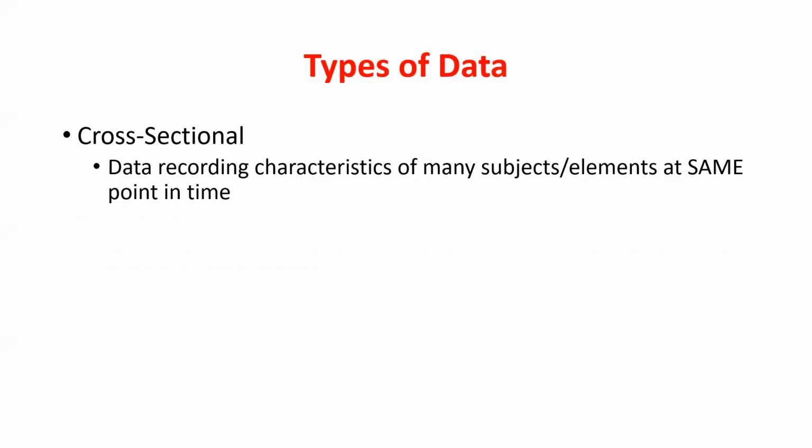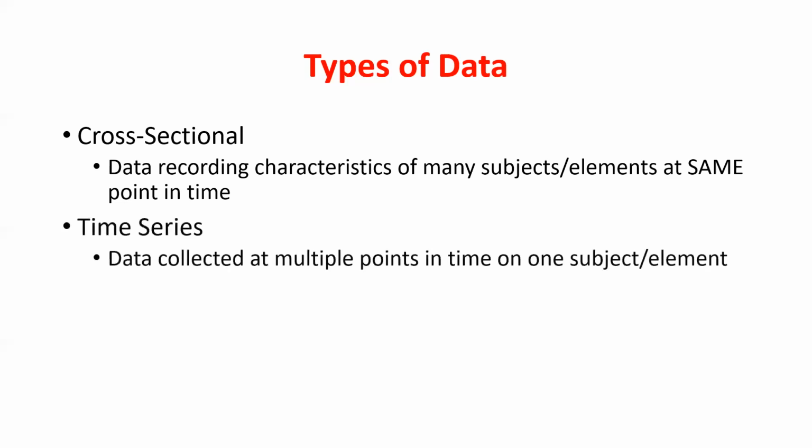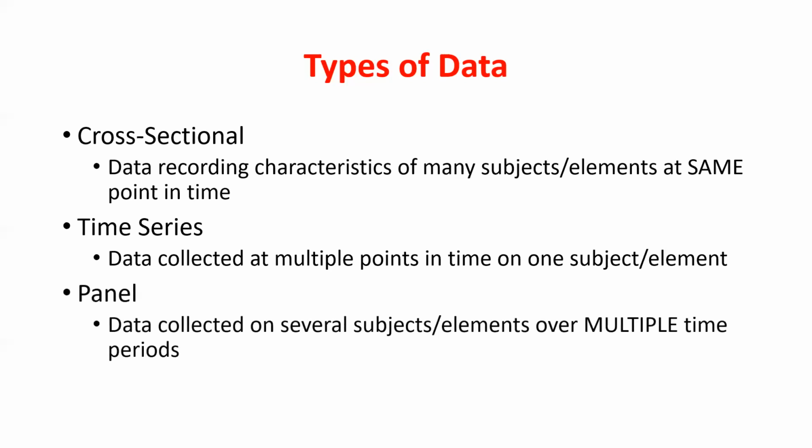Then we've got time series, which is one subject recording a variable at several points in time. Maybe I've got the United States and I want to collect their unemployment rate over the last 20 years. Combining the two together is panel data, where I have multiple subjects and record data at multiple points in time. For example, I collect GDP on every single country for the last 10 years.